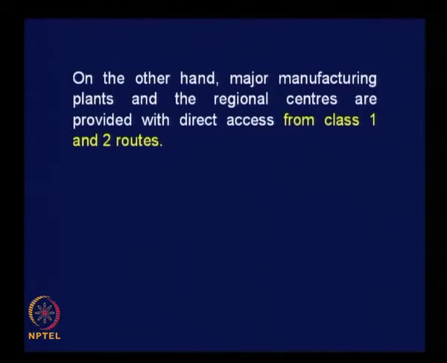That is what we have seen. At the intersection of class 1 and class 2 access routes, we have located the regional center, and by the side of the class 1 access route, we located major employment centers, right.